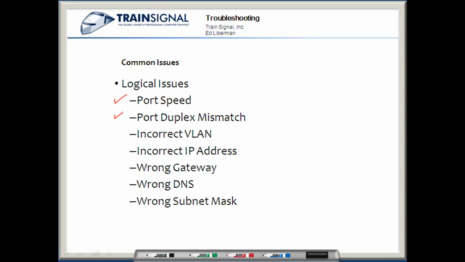Now, the one thing I'm going to tell you before we go any further, when it comes to speed and duplexing, for the most part, these days, you don't run into this too often anymore. And the reason why is because everything's just kind of set to auto. Almost all devices out there, regardless of what they're capable of, are backward compatible to the older technologies.